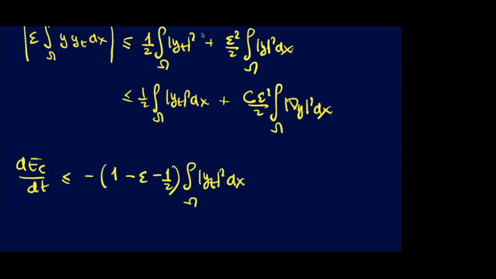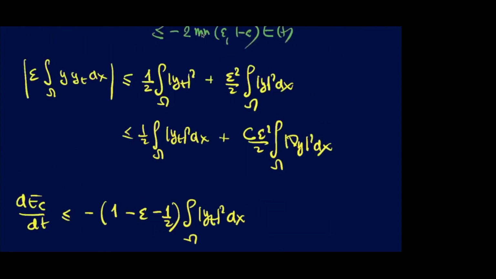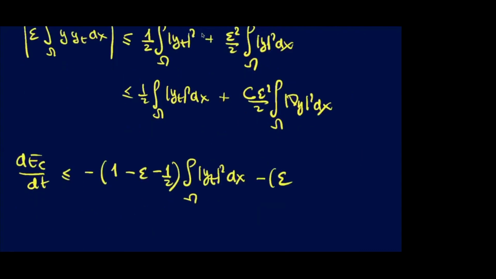And then here, rather than having minus epsilon, I will now pay the price C epsilon squared divided by 2, the integral of gradient Y squared, right? Is this okay or not? Can I make this to be positive? Yes, of course I can, because this is 1 over 2 minus epsilon. If epsilon is less than 1/2, this is positive.